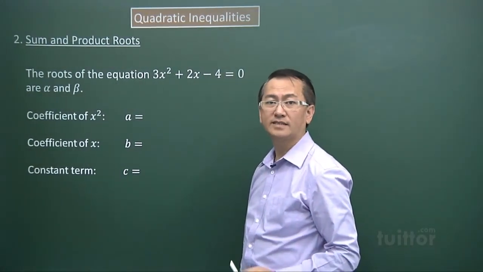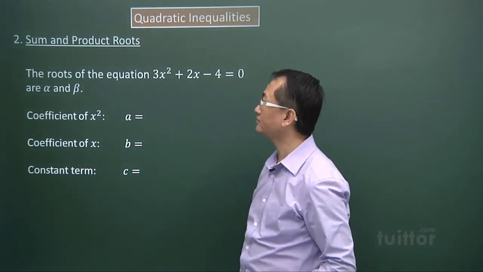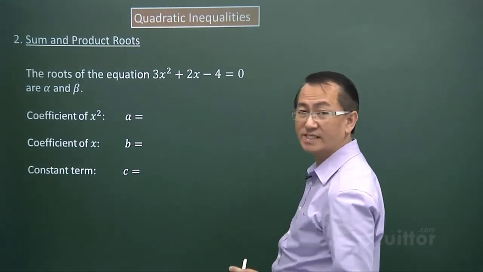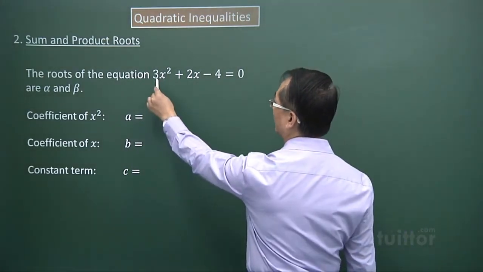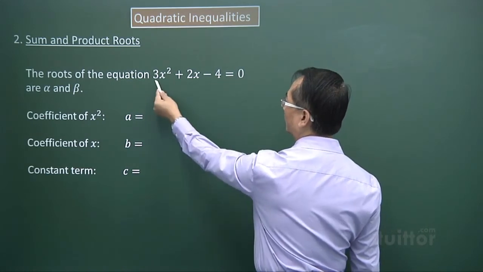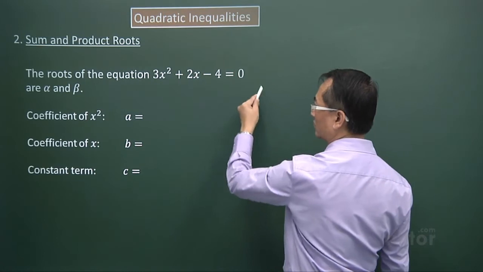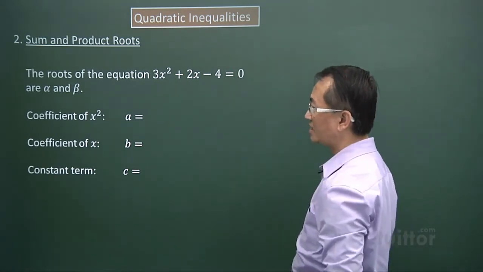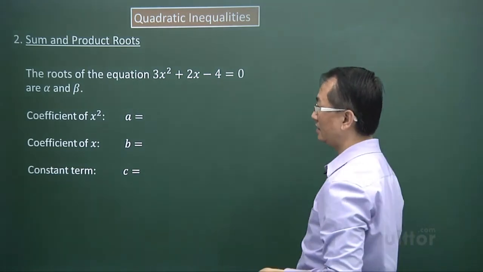Now we look at the sum and products of the roots of a quadratic equation. So for a start, you can see here that the quadratic equation is 3x squared plus 2x minus 4 equals 0. And it's specified that the two roots are alpha and beta.